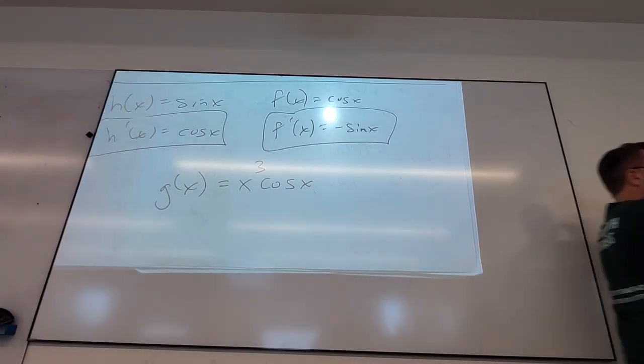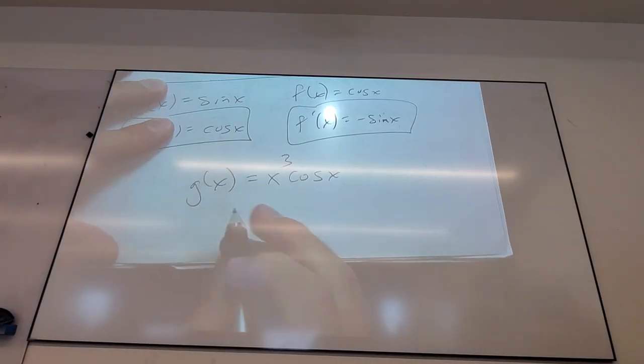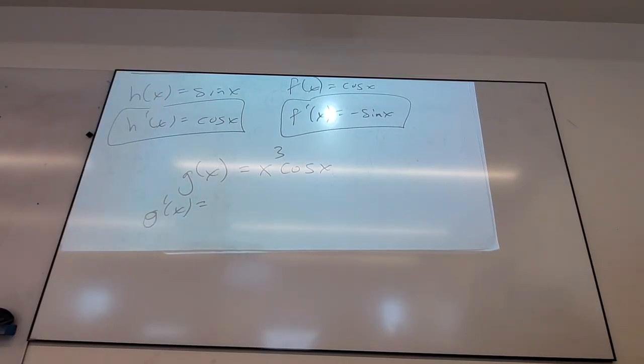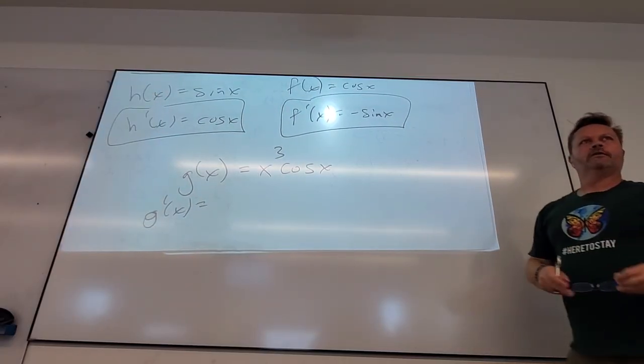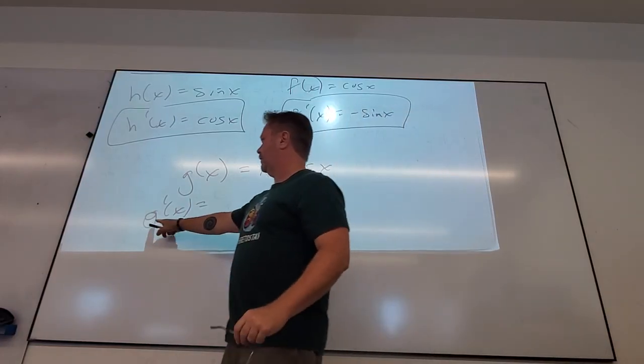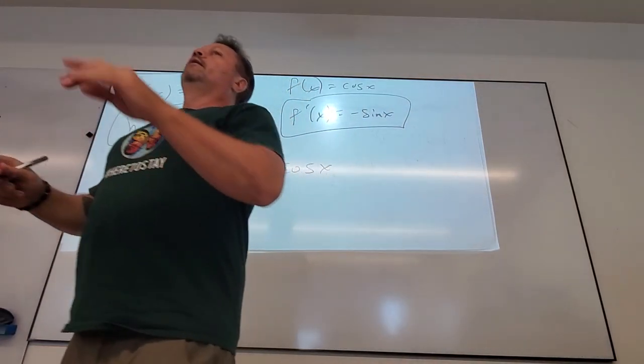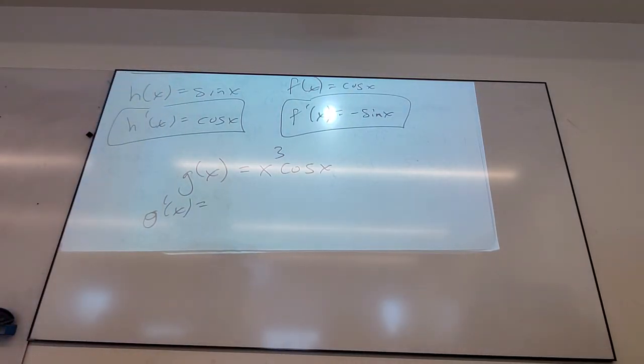So I have to use what rule here? Product rule. What I try to get students to do is, number one, leave it alone. Number two, don't try to take the derivative at the same time you're doing the rule. You're going to get lost and put stuff in the wrong place.